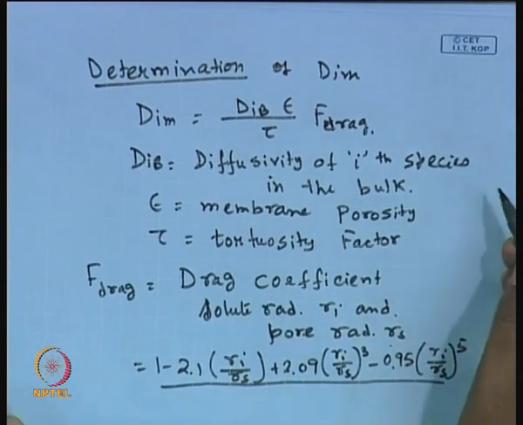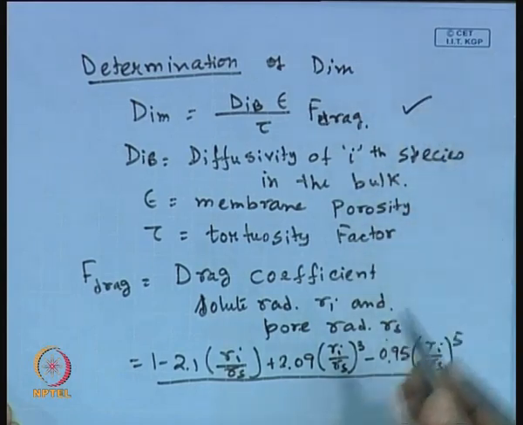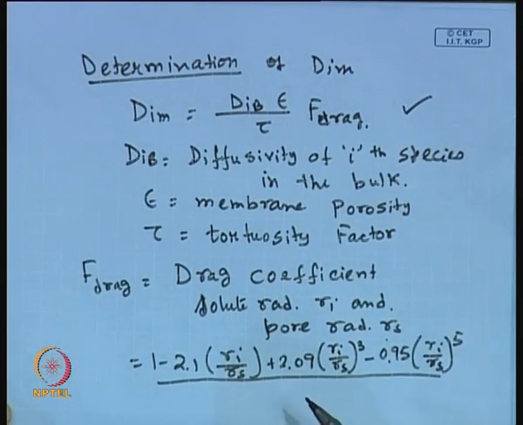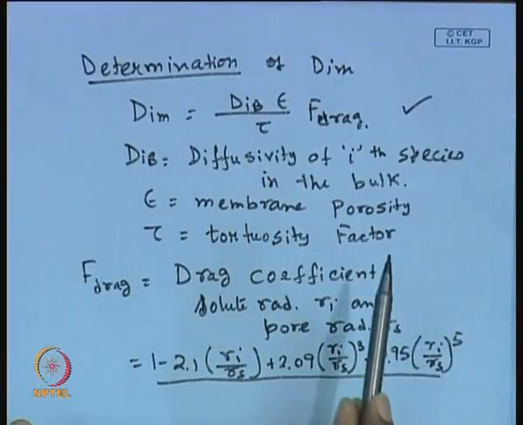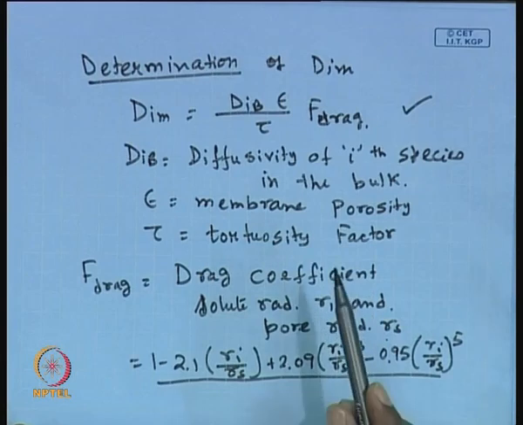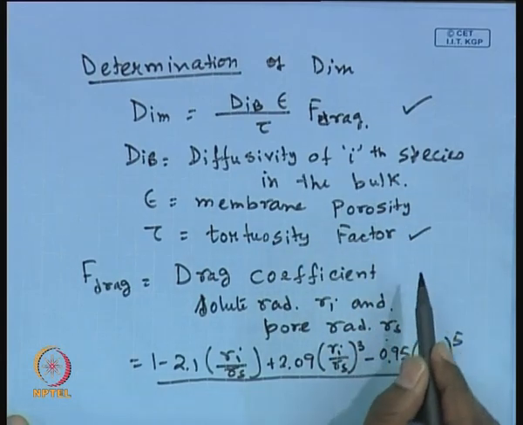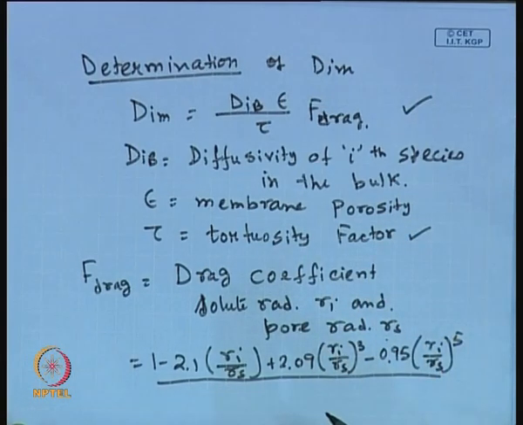Now, using this definition of DIM is very difficult because all the parameters involved in the definition of this quantity are extremely difficult to measure. For example, the tortuosity factor, you cannot directly measure the tortuosity factor, there are some thumb rules, the value will be in between 2 to 4.